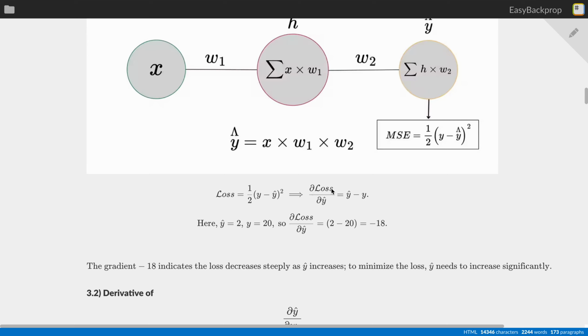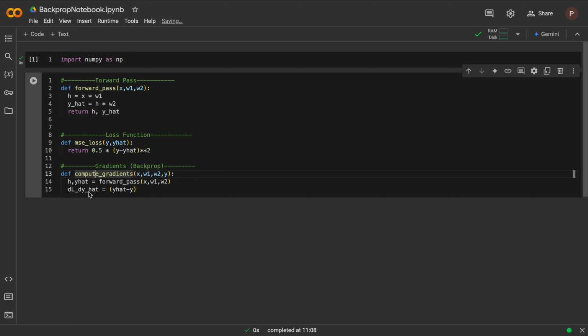Okay, so this is d loss and d y hat. So that's why we defined it as dl_dy_hat is equal to y hat minus y. So over here, this is the partial derivative of the loss with respect to y hat. This tells us how the loss changes if our y hat changes by a little.